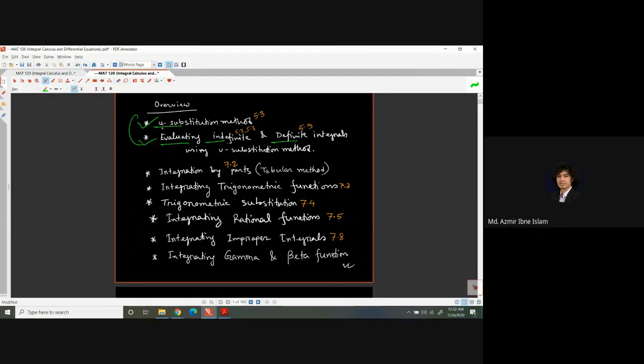We have discussed the u substitution technique, indefinite integral, definite integral, and in this part integration by parts and the tabular method. Let's focus on this one, integrating trigonometric functions.